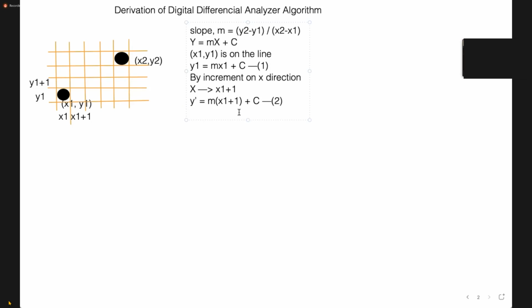So equation 1 is here, equation 2 is here. Now let's see the subtraction.